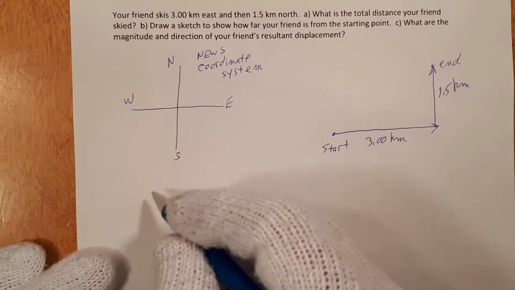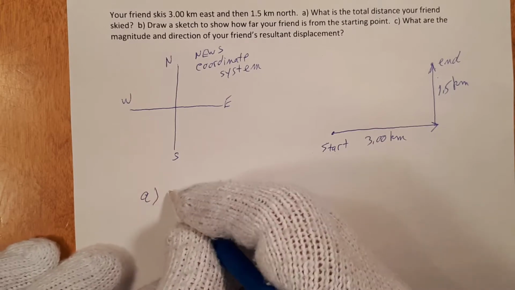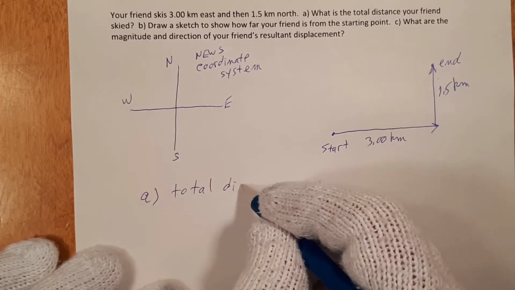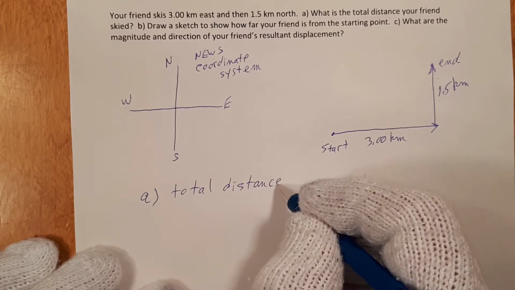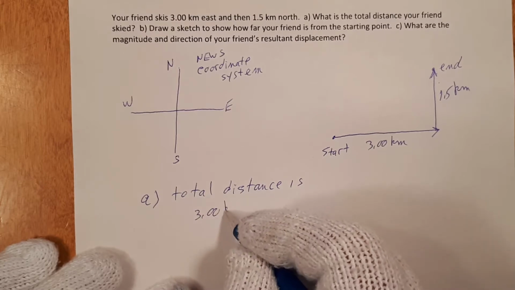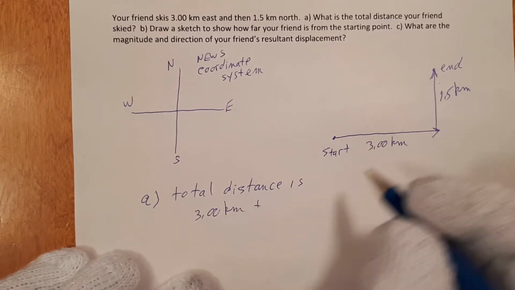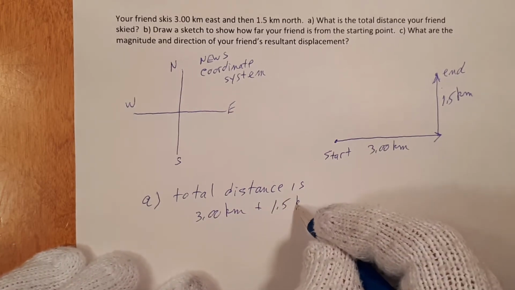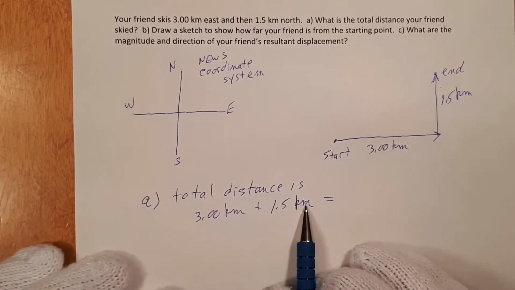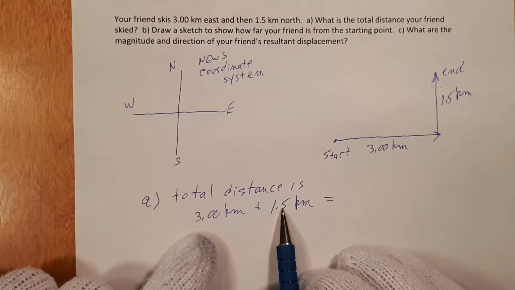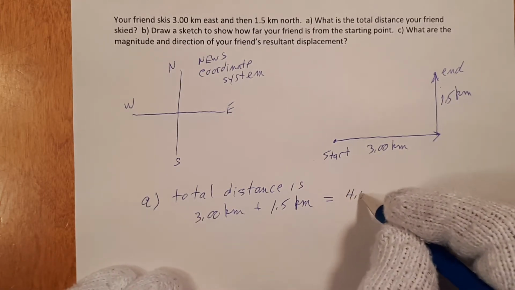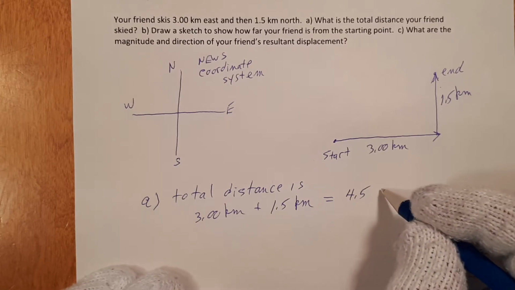So in part A, total distance is 3 kilometers plus 1.5 kilometers. And that's equal to, the units are the same, therefore we can add the two numbers up normally. And 3 plus 1.5 is equal to 4.5 kilometers.